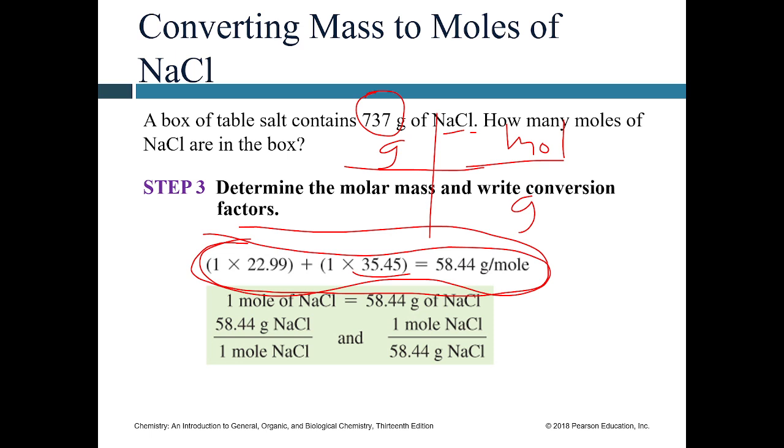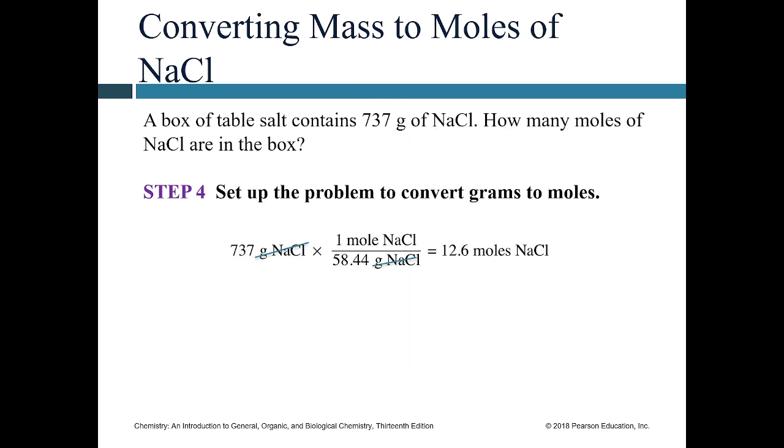Okay. Put that on top. So we have 737 grams of NaCl. That's what we have. Remember, you always want to do, what do I have? What do I need? How do I get there? So I have 737 grams of NaCl. I want to go from grams to moles, don't I?